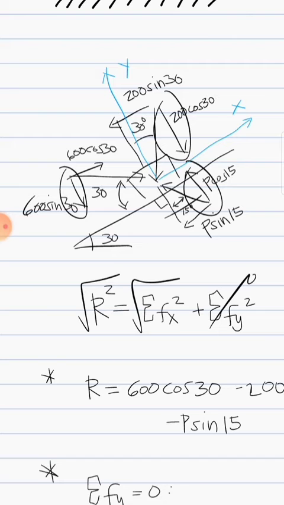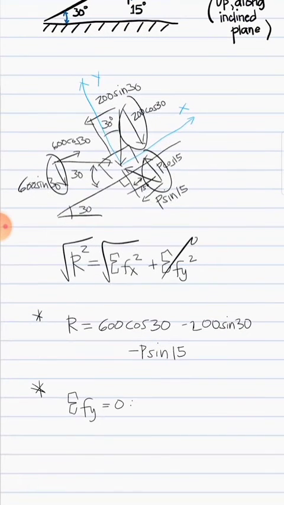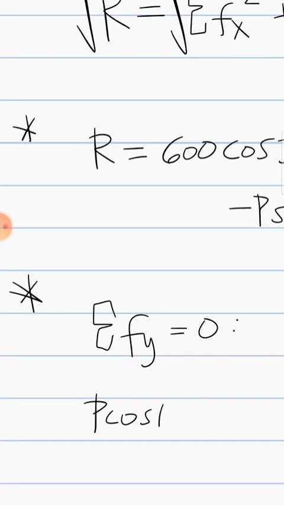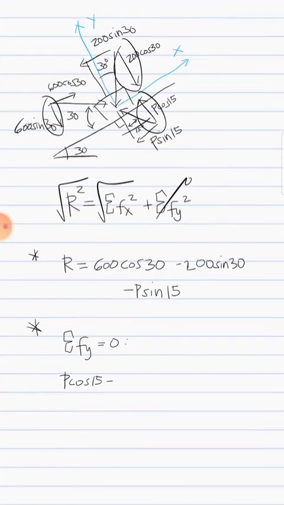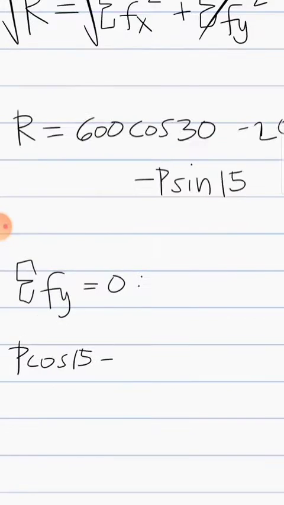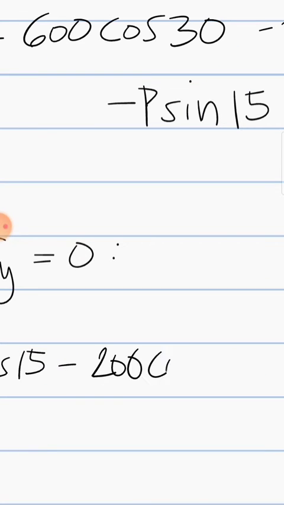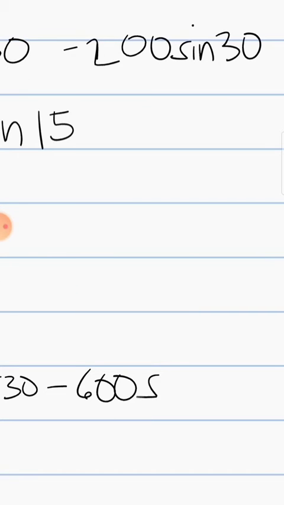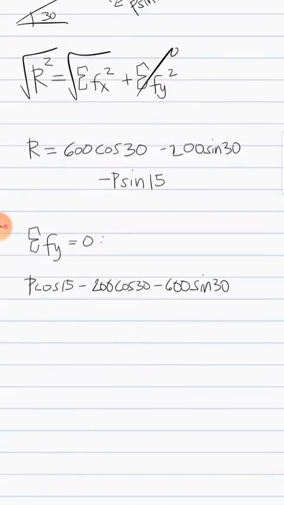So P cos 15, minus 200 cos 30, minus 600 sin 30, all equal to 0.